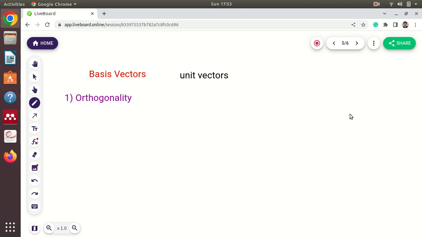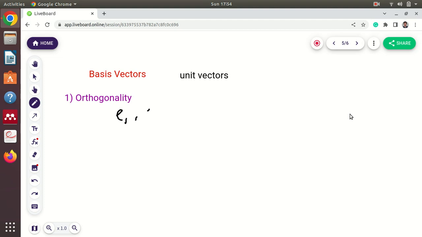So we can have different vectors, and we have to check their two properties. The basis vectors have two properties. First one is orthogonality, and orthogonal means perpendicular. Up to 3 dimensions we can call this perpendicular, but beyond 3 dimensions we cannot call it perpendicular. Therefore we will use the word orthogonal.